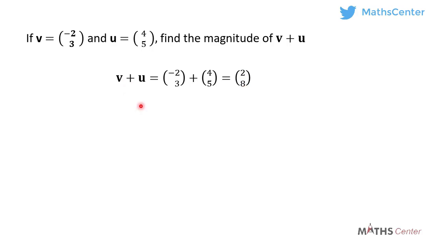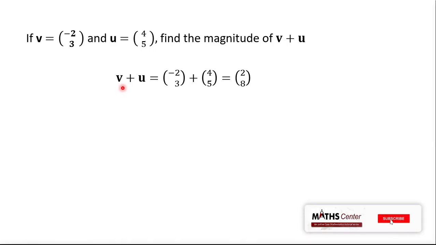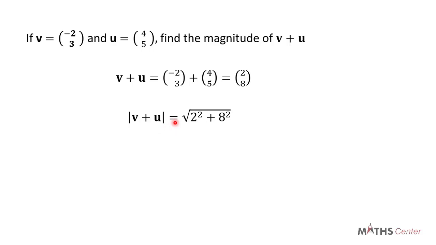To get the magnitude of a vector, you have to take the positive square root of the sum of the squares of the x component and the y component. So here, the magnitude of the vector v plus u will be equal to the positive square root of the x component squared, so we have 2 squared, plus the y component squared, so we have 8 squared.